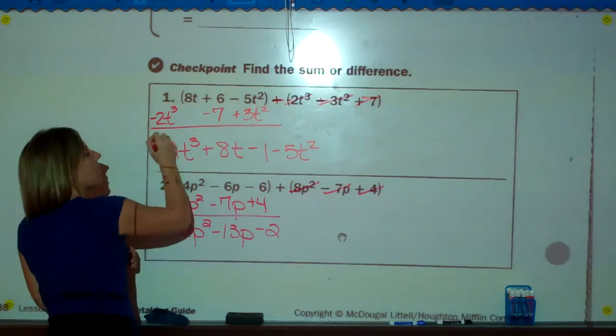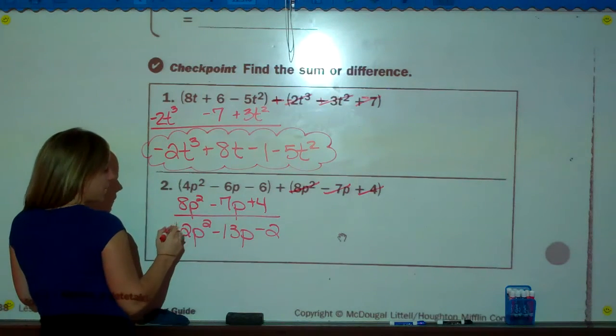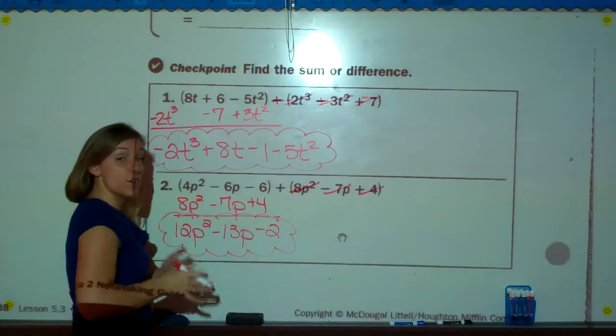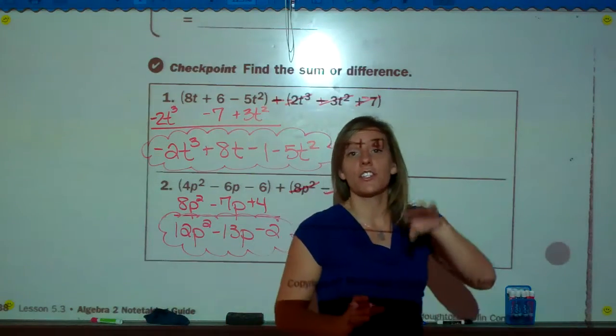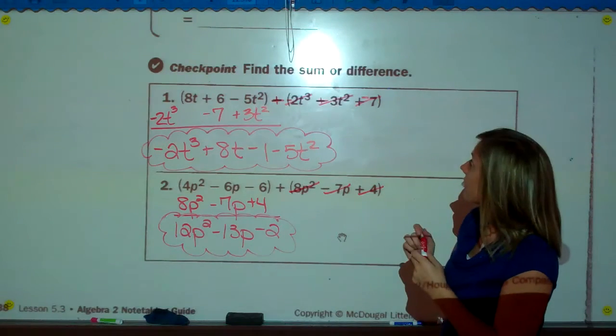Okay, so pair up your like terms, combine your coefficients, and don't forget to change subtraction to adding opposites, and everything's going to line up pretty easily for you. All right?